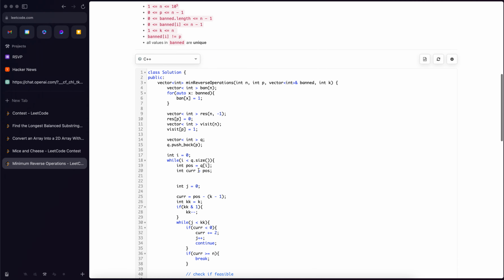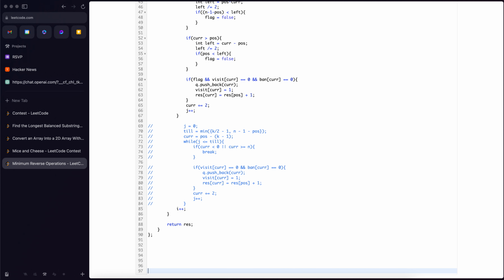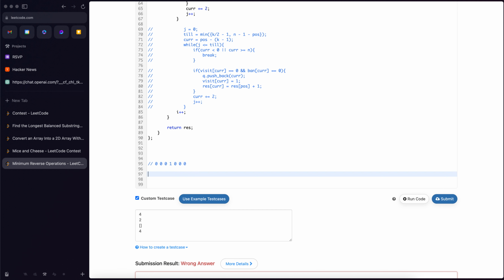So in the input we are given a 0 1 array where only one position is 1 and all others are 0. And then there is a banned array. Let's not get into technical details. It's just that some of the positions are banned.